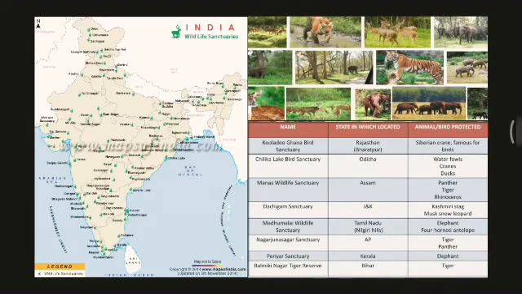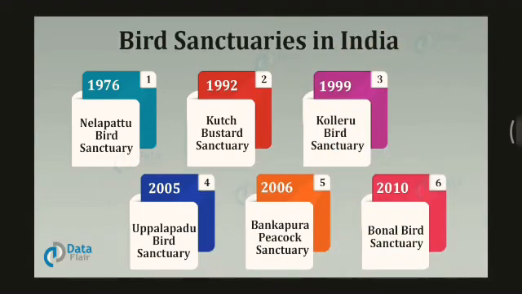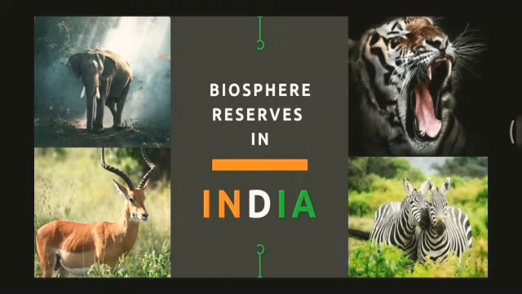Now next we have the biosphere reserves. But before biosphere reserves, we have a list of bird sanctuaries also. So these are the different bird sanctuaries we have, like Nelapattu bird sanctuary, Kutch Bustard Sanctuary, Kolleru bird sanctuary, Uppalapadu, Bankapura, Bonal. These are the important bird sanctuaries that we have in India. So next we have the biosphere reserves in India. Now, what is a biosphere reserve?